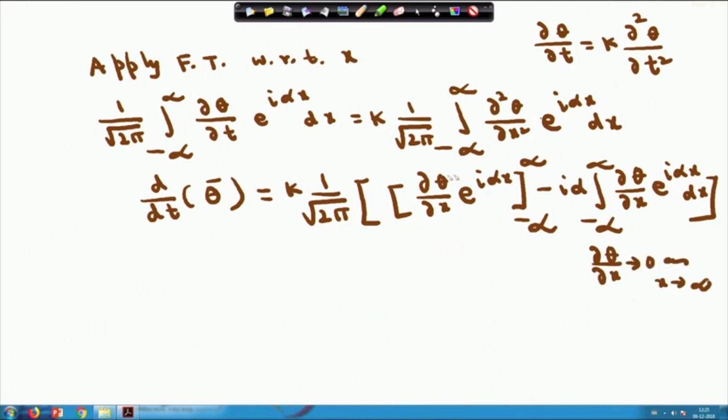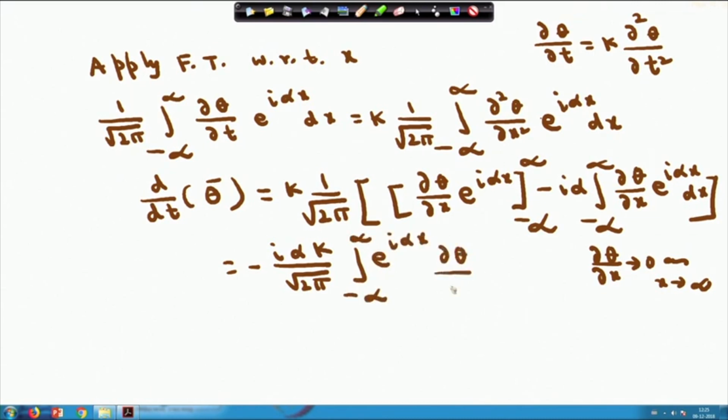So, therefore, using this condition, this term vanishes as x approaches infinity or minus infinity. So, we will have only this term: minus iαk by root 2π, integral from minus infinity to infinity of e^(iαx) into ∂θ/∂x dx.